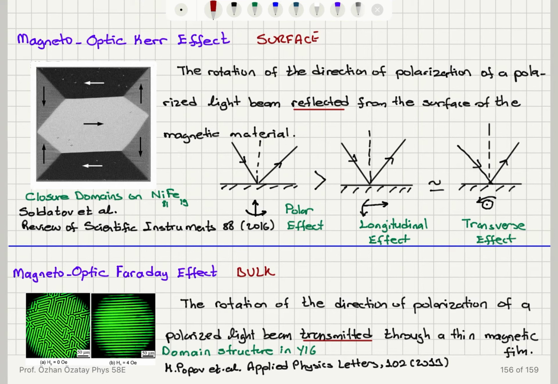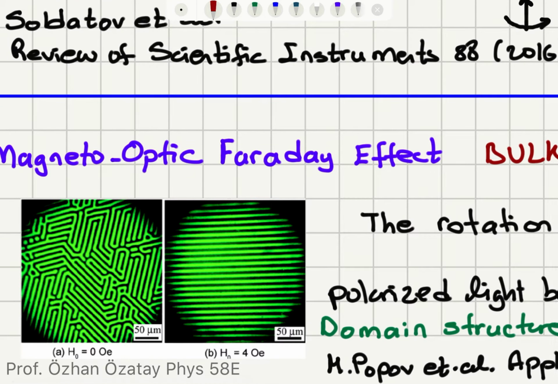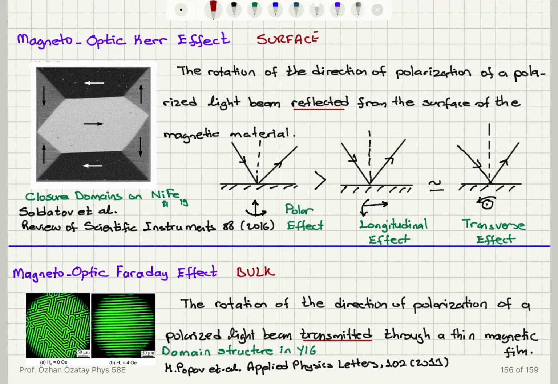And so you can see here the domain structure in yttrium iron garnet that has been detected using the Faraday effect, with no field and with some field applied. You can see it has a small coercivity, so it aligns in the direction of the field quite easily. The domains switch.